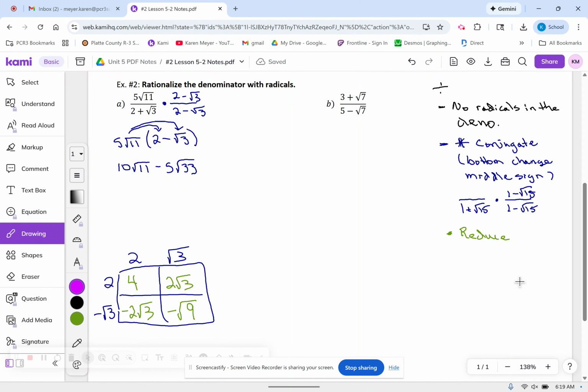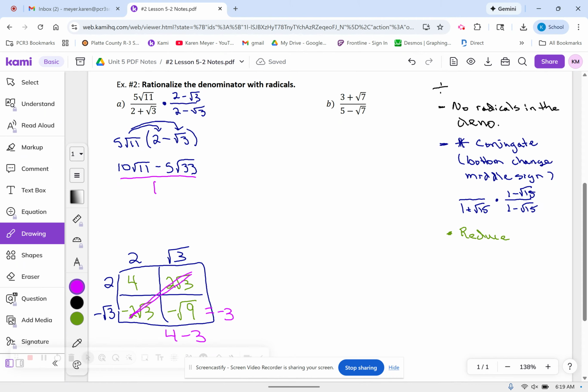Okay, when I'm looking, I notice I have a negative 2 square root of 3 and a positive 2 square root of 3, so they should cancel. Then you should have a perfect square here, and the square root of 9 is 3, and since I have a negative in front of that, that will be negative 3. So then when you look at your like terms, you have 4 minus 3, which is 1.